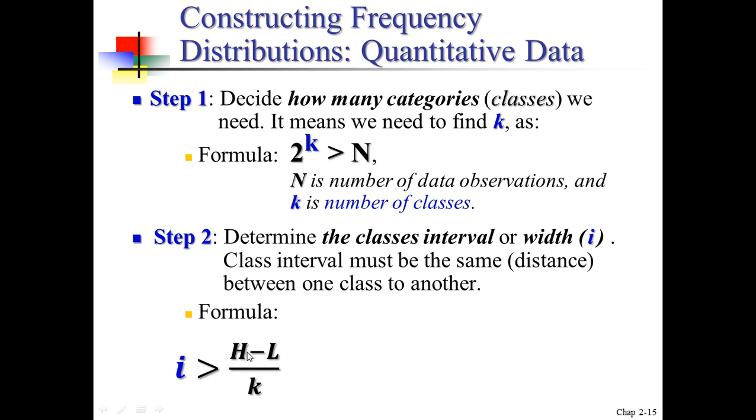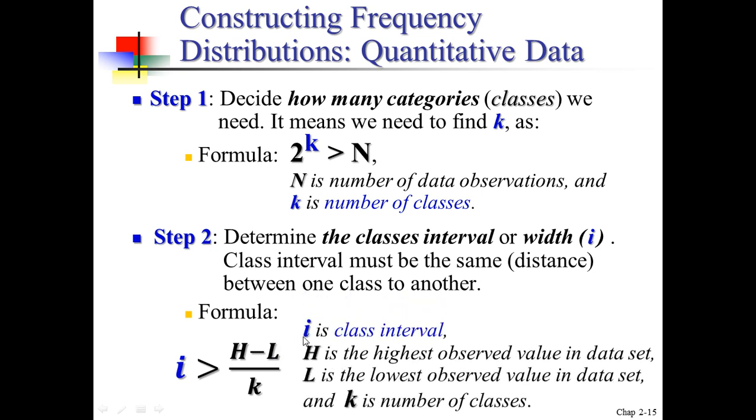How about capital H, and how about capital L? I is the class interval or class width. K is the number of classes in our table. Capital H is the highest observed value, the highest value of a data item or observation in our data set.